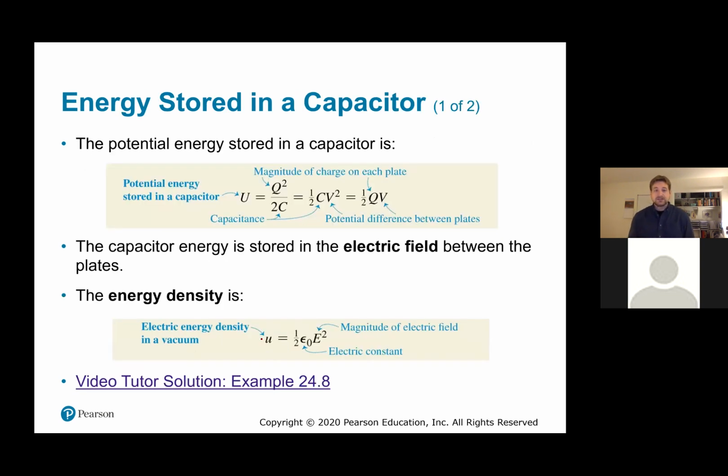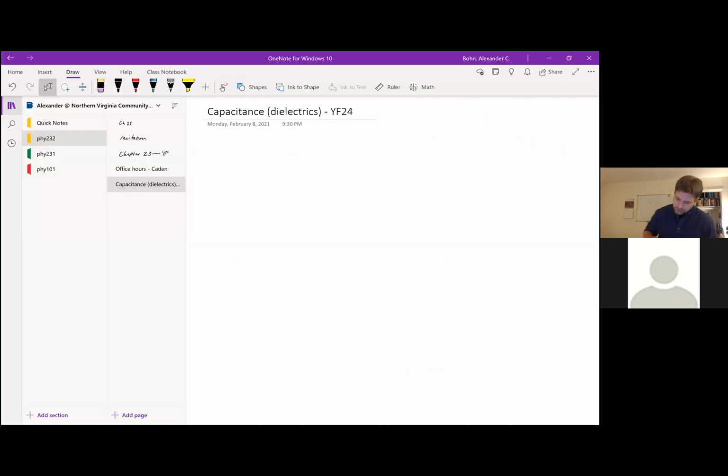Energy stored in a capacitor. Here are some relationships. Now, where did they come from? For this, we need to do a little bit of writing.